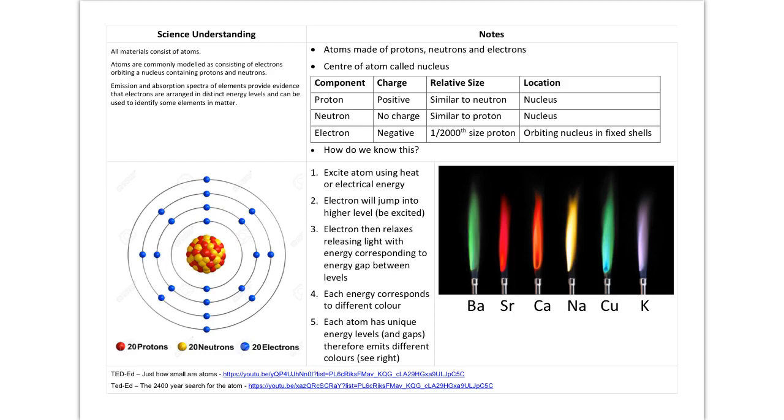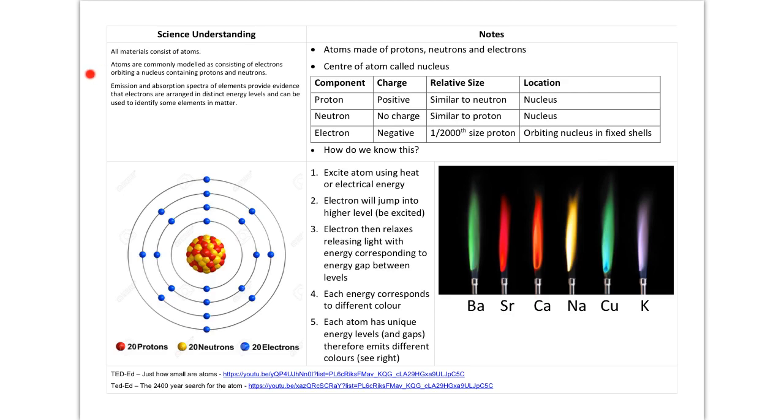Firstly, I'm just bringing up my little laser pointer. Got that working? Yep. So the key things that we need to know are up in this top corner. They're our science understandings. That's what the SACE board tells us that we need to teach and that you need to know in Year 11 Chemistry. So the three things that we're going to focus on with this first lesson is all material consists of atoms, which I suspect you're already familiar with, but we'll explore that in a bit more detail.